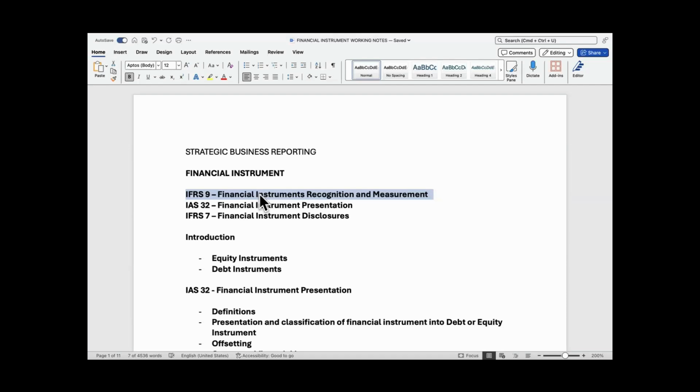Then I went to debt investment. I said that debt investment is initially measured also at transaction price, which is the amount you have invested. And also at the date of acquisition, you must identify your intention for making that investment. For debt investment, you need to assess your business model and also the contractual cash flow characteristics.